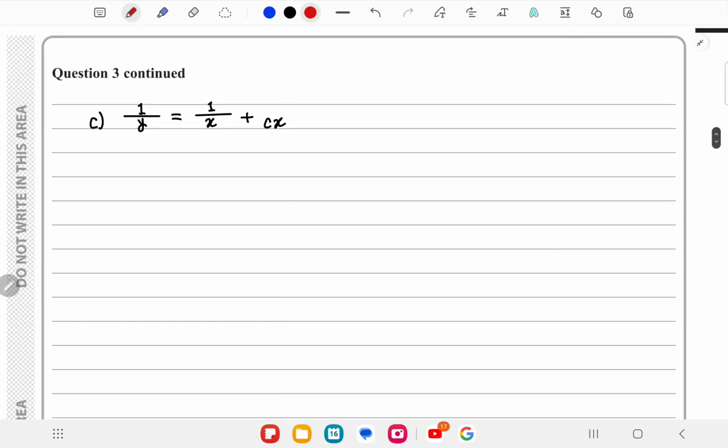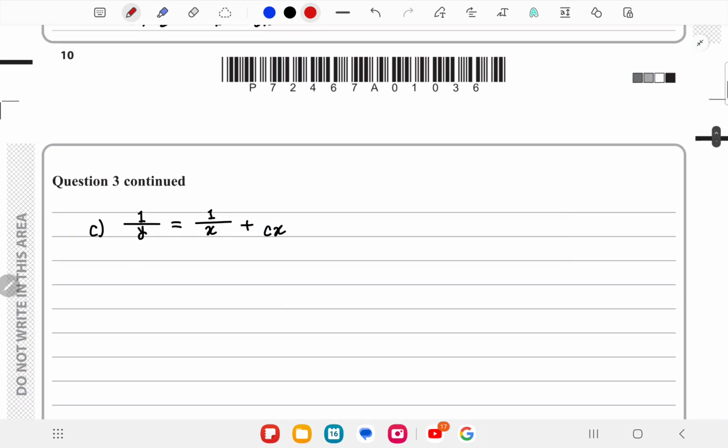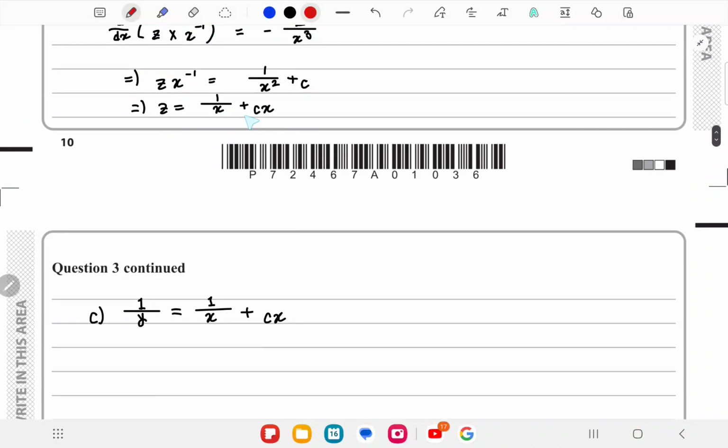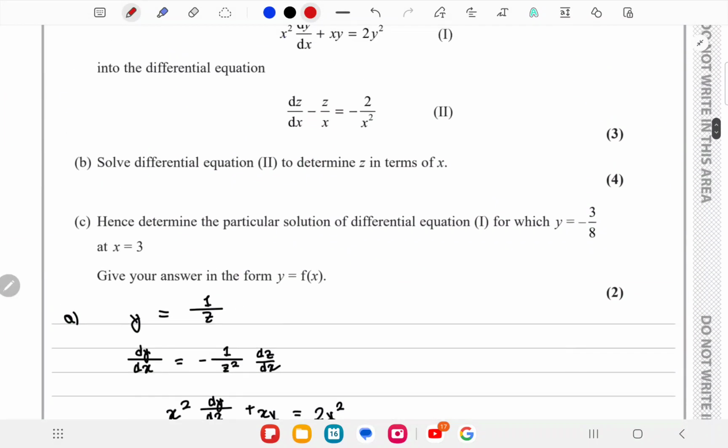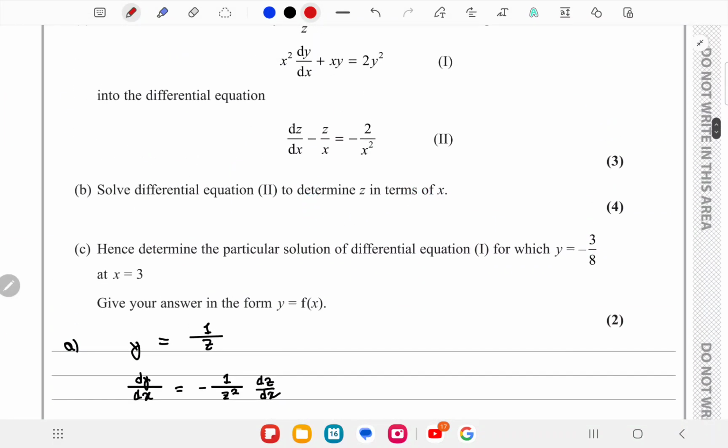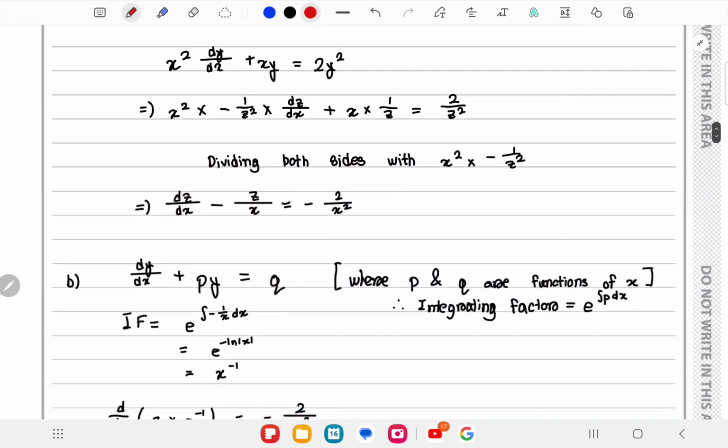The solution we found in part B is basically a general solution, and this is with respect to z in terms of x. In part C, we want a particular solution. A particular solution is when a given value of y is given for a value of x, and we need this in the form of y equals f of x.